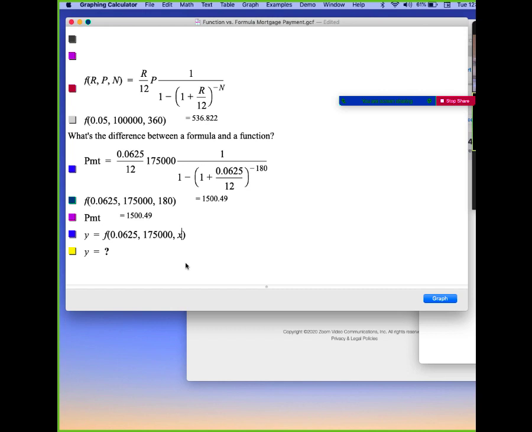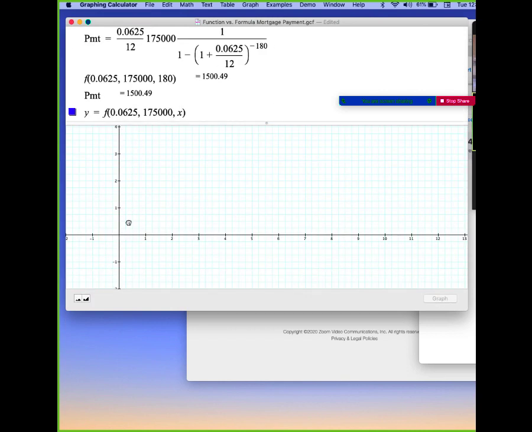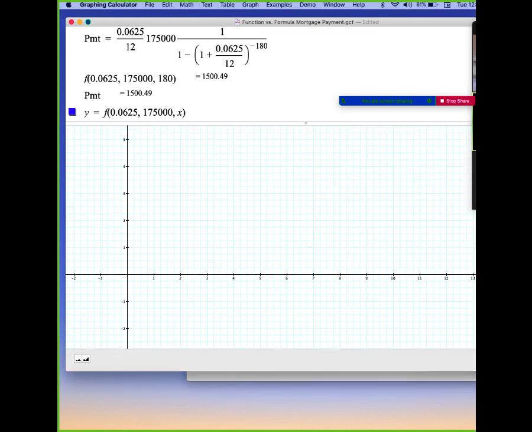Okay, and so I'm going to graph that. And nothing shows up. I hit enter. Do I have to zoom out? Yeah, so say for a total of 12 or 20 payments, what do you think your payment's going to be? If you had a total of 20 payments on the loan.